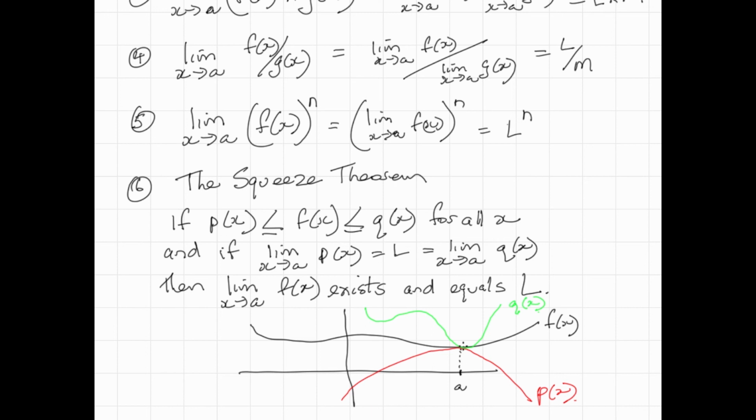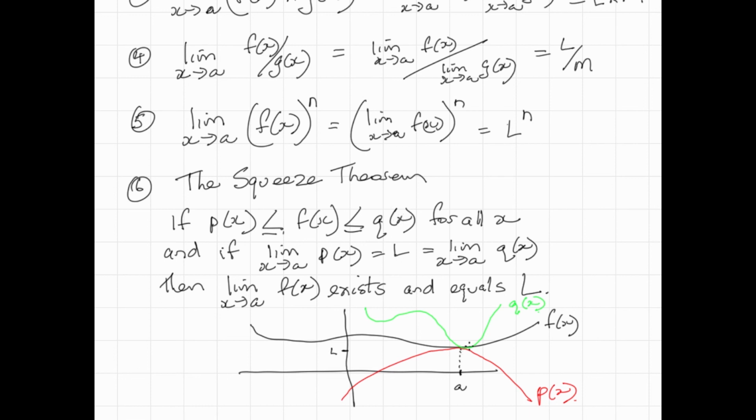And so you can see that if you know that the limit as x approaches a of q of x is equal to L, so here's my L value over here. So say we can't find this one because you've got division by 0 or something else is going on, but you can find the limit as x approaches a for q of x, and you get L, and you've got another separate function that you can find the limit as x approaches a, and it's also L, so it has to be the same for both p of x and q of x.